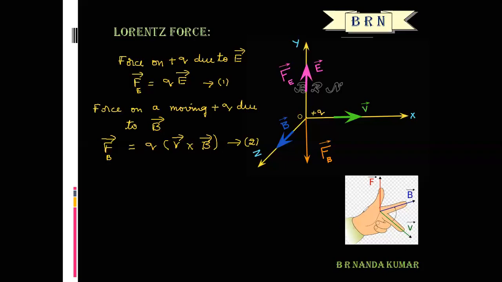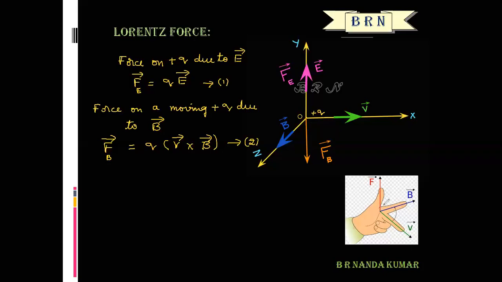Let us apply this rule to find the force acting on plus Q due to the magnetic field. The force acting on plus Q due to the magnetic field is vertically downwards, along the negative y-axis. So what is the statement of Fleming's left hand rule?